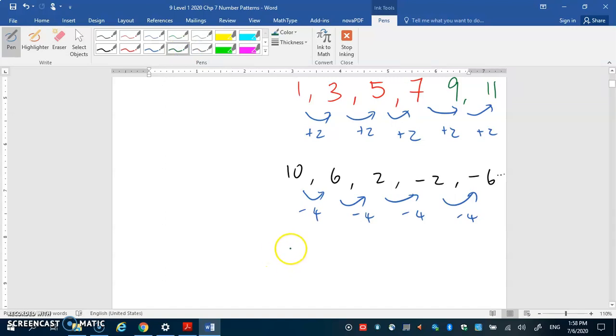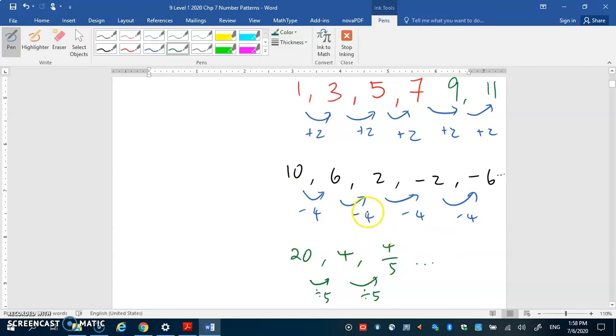They can be fractions, they can be decimals. So for example, I can have 20, 4, 4 over 5, and so on. So this is a division by 5, and so on. Okay, so in addition to recognizing the pattern for each sequence, we are also going to find out how to find the general term.